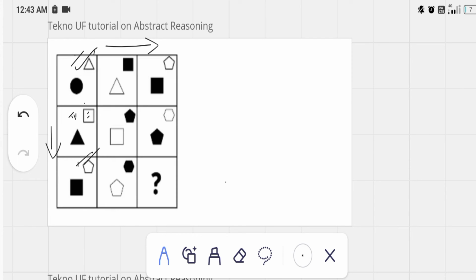In a similar way, the square was of 4 edges, and here a pentagon, here a hexagon, right? And in the third column this is a pentagon, here a hexagon, and here this should be a heptagon, right? So we have pointed out that the upper portion of the desired figure would be a heptagon.